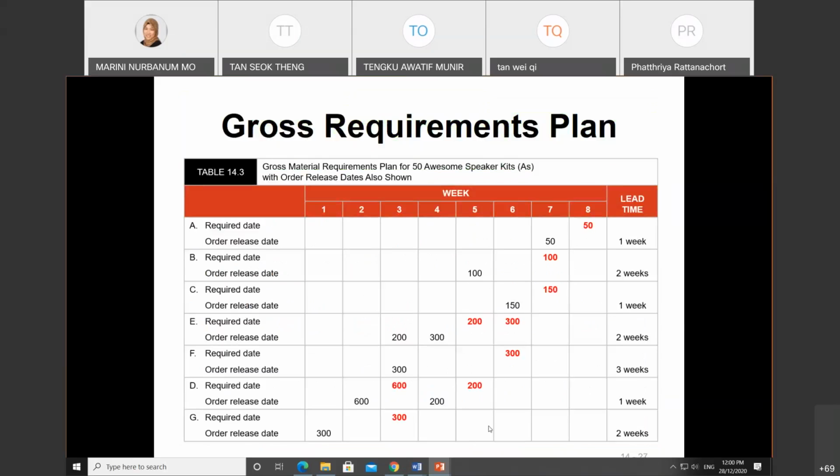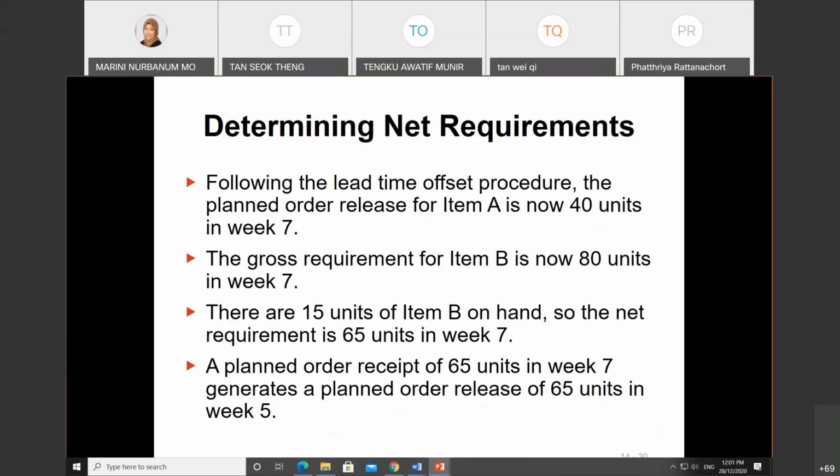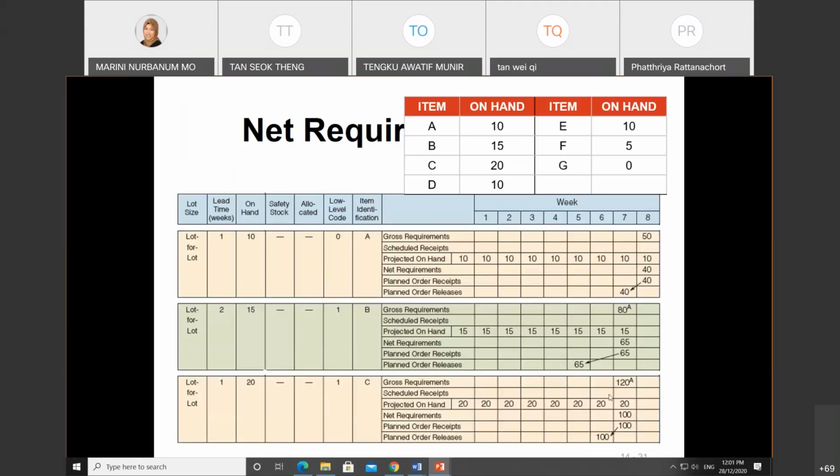Your gross first. You know that in your gross, you have two pieces of information only. You have your required date, you have your order release. So in your net requirements plan, what you need to do is you know what's your gross, then you minus off your on-hand inventory, you get your net requirements. Plan order receipt, you do nothing, you just bring down the number.